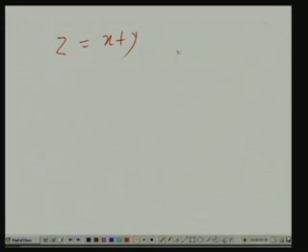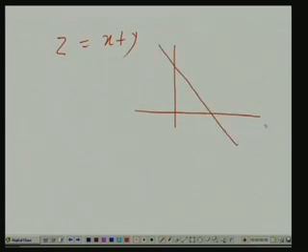Now, z equal to x plus y means actually a line like this. If it is the x axis, if it is the y axis, and imagine a third axis vertical from this origin, that is for z. Now, this line on the xy plane is characterized by the equation x plus y equal to some z.